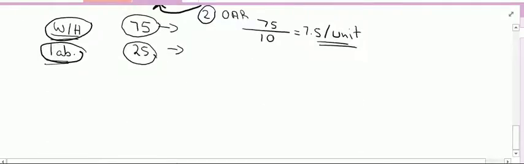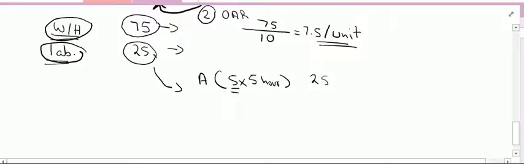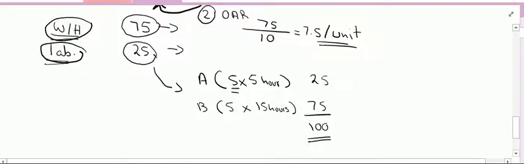And now we know that for A there were 5 units and each unit consumed 5 labor hours, and therefore the total hours were 25. And for B, we produced 5 units and each unit took 15 hours, therefore the total hours for B were 75, and therefore the net total hours were 100.